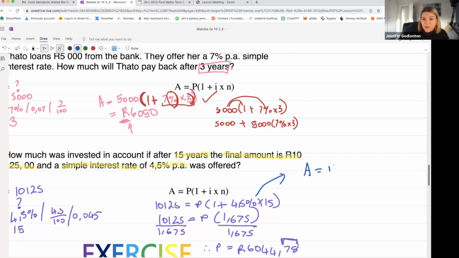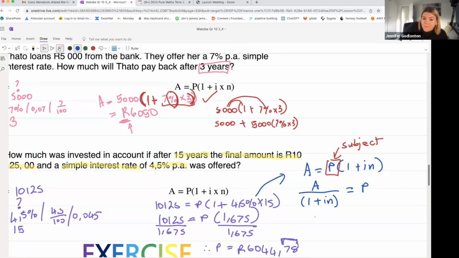So I've got A is equal to P times (1 plus IN). P is what I'm looking for, so basically, I want to make that the subject. That's the thing I want to be alone. I can actually just divide A by everything in that bracket. So I can say A divided by (1 plus IN) is equal to P. And then I can just sub everything into that equation that we already knew.